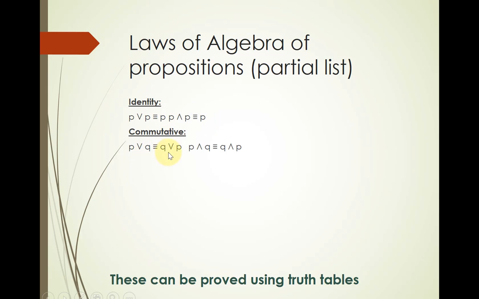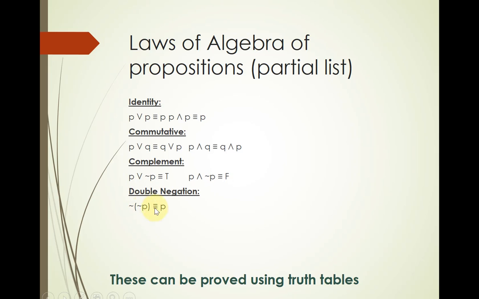We have P or Q is equivalent to Q or P, so you can switch the order, and the same thing with the AND. P and Q is equivalent to Q and P. By the way, this means logically equivalent. There's a triple equal sign. Then we have something called the complement. P or not P is always true, and P and not P is always false.